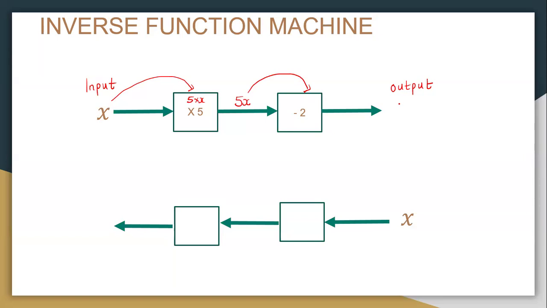Very good. Patricia is saying that this is going to be 5x minus 2. And therefore, allow me to conclude that our function, which we can call f of x, will be 5x minus 2. So that is how our function is being formed.